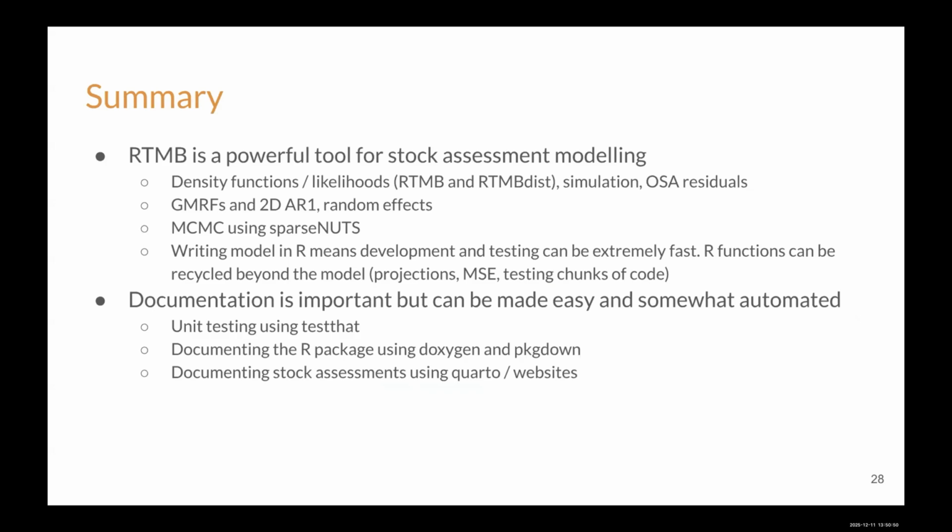So the really useful stuff with those density functions, a lot of people doing work on the Gaussian Markov random fields, and the nice tidy functions that Casper's worked up for doing the autoregressive functionality, all of Cole's work on sparse NUTS, and in general, all of this means that development and testing has become extremely fast. If someone asks for a feature during a stock assessment, it's pretty quick just to add a function in there and inject that into the main part of the code.